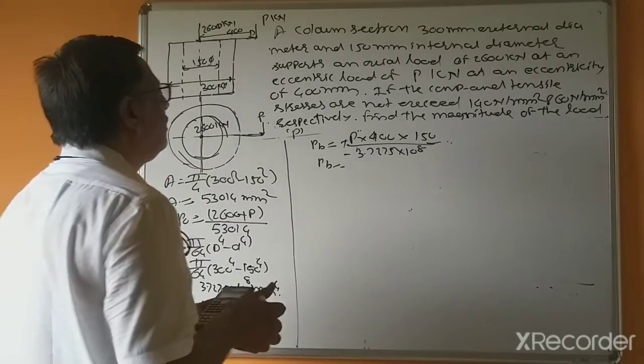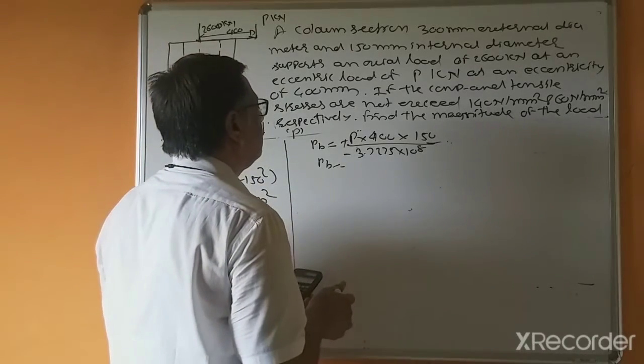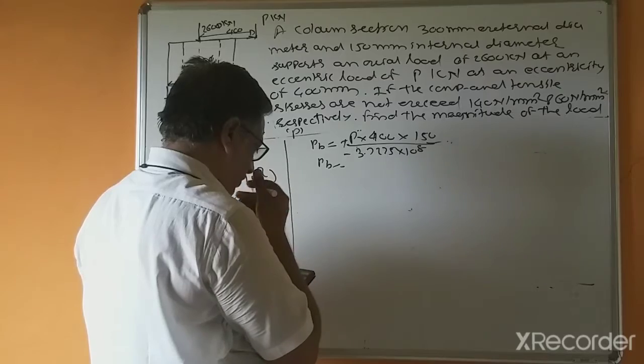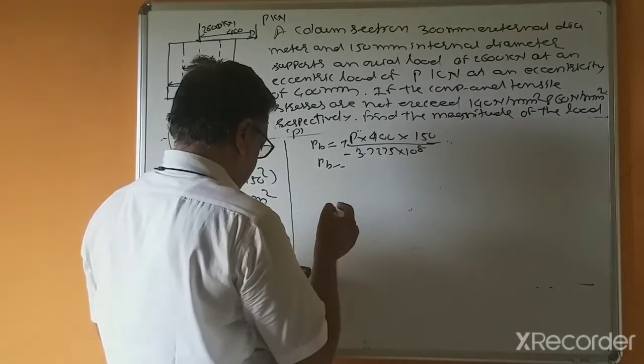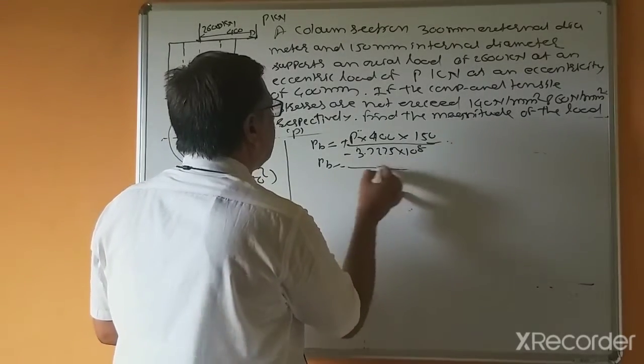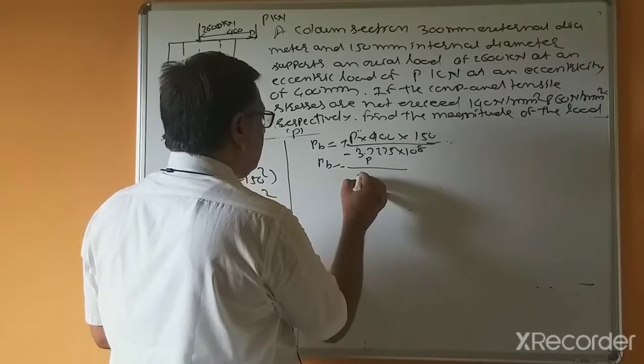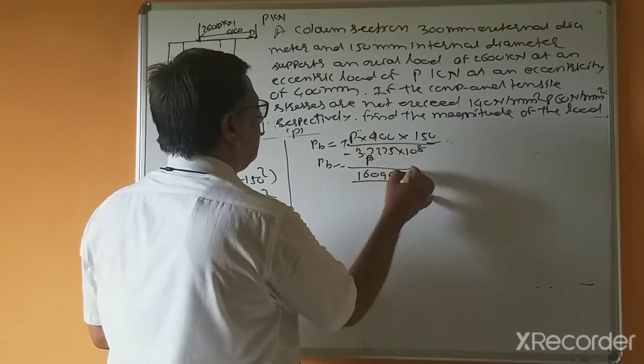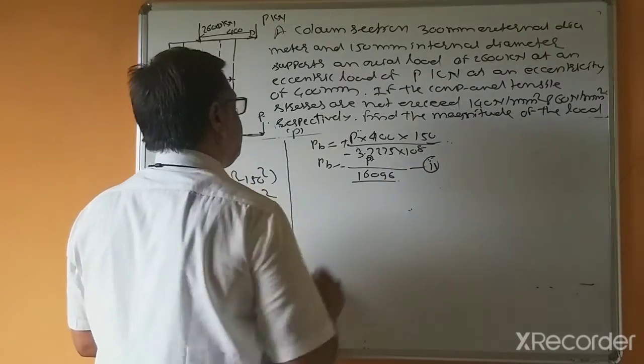This is equal to 10 to the power minus 4, P divided by 16096 P. This is the second equation.